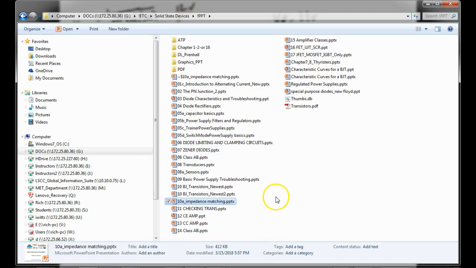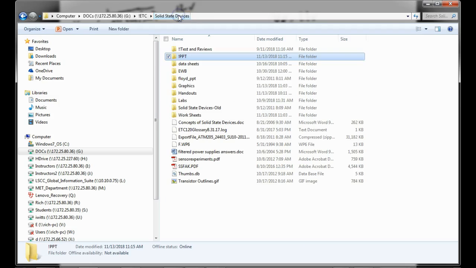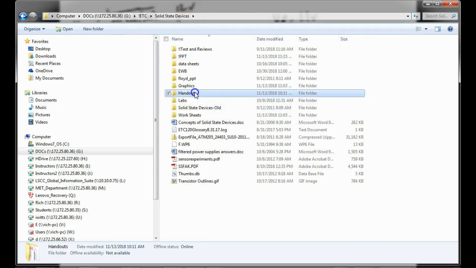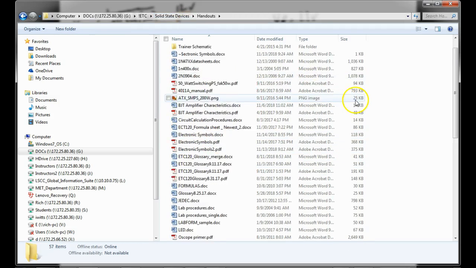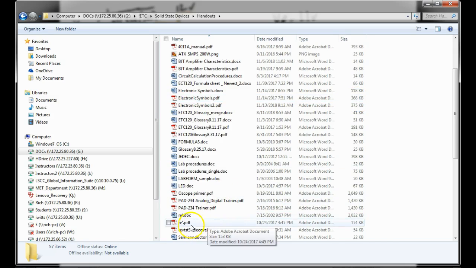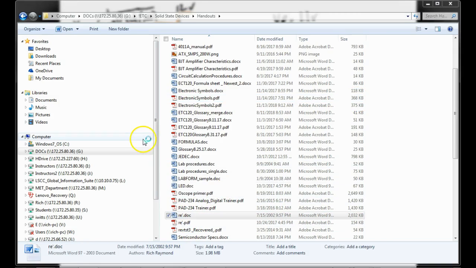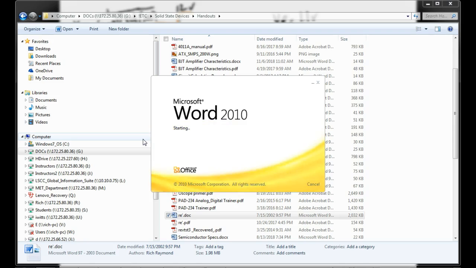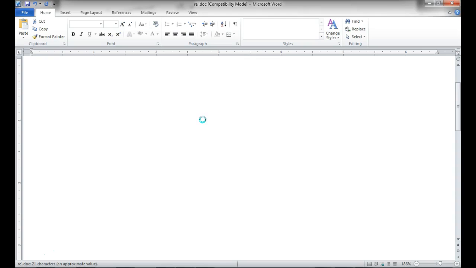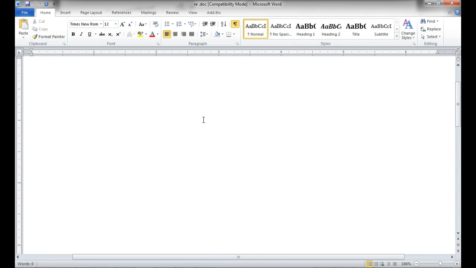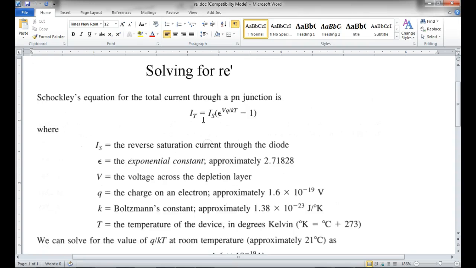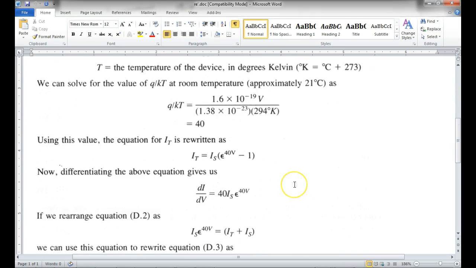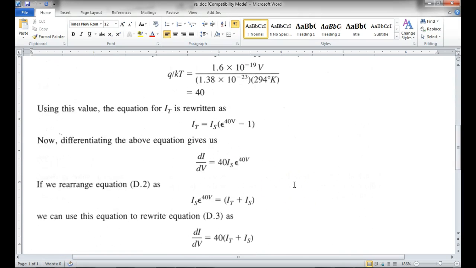I have a handout in there, but we're not going to use it because we're just going to take this for granted. So this is the way re prime is calculated. So here's all our math.